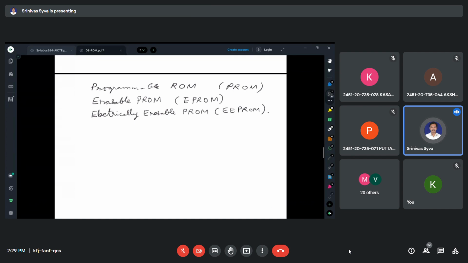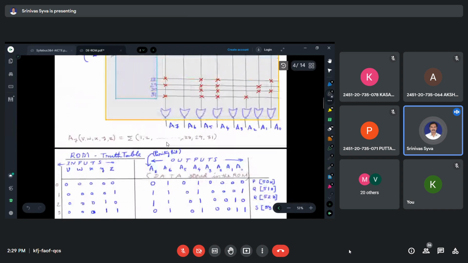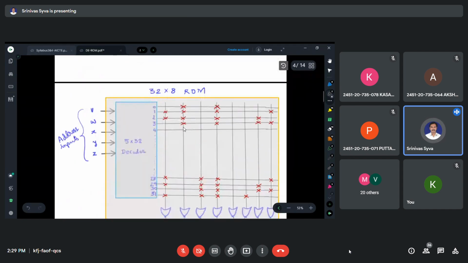Programmable ROM means, first, I told this ROM is available with all the fuses. For example, in a 32 by 8 read-only memory, we have all the fuses available. Whatever fuses are required, that can be programmed wherever connections are required.